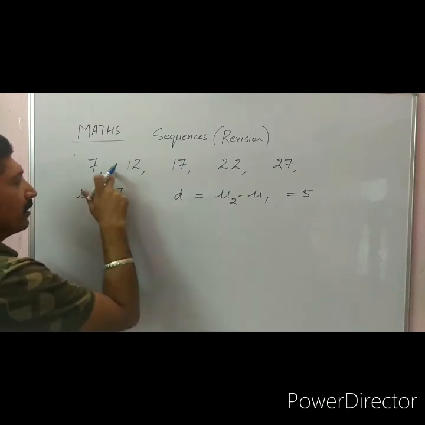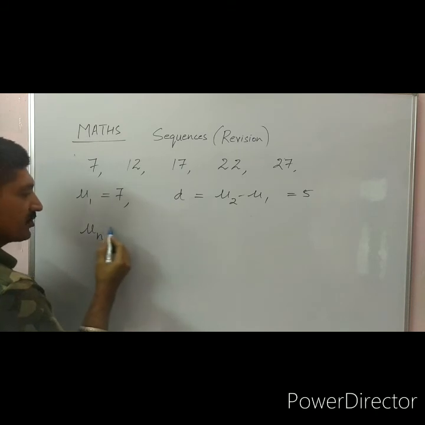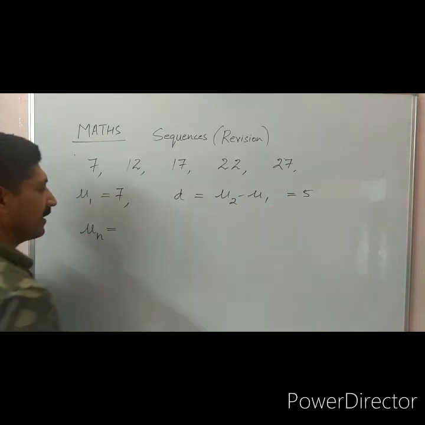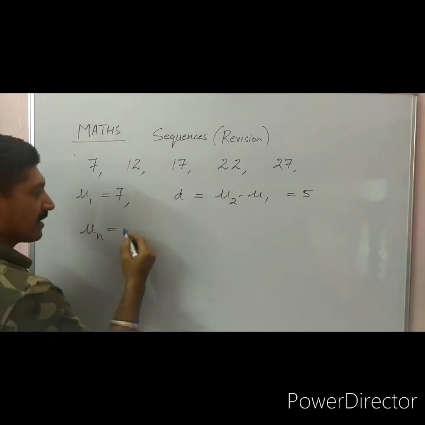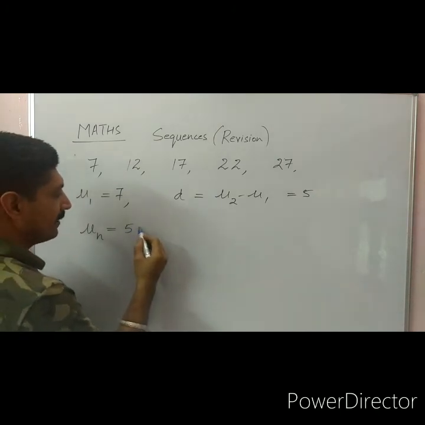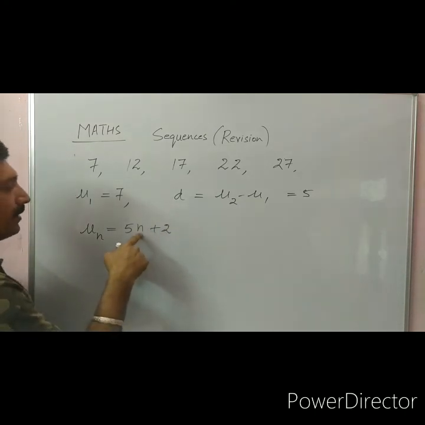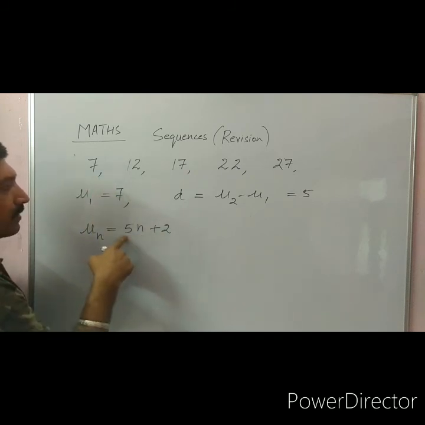So here we can find the general rule, or the nth term, of this AP, where the common difference is 5. We can write 5n plus 2. If n is 1, we get 7. If n is 2, we get 12.